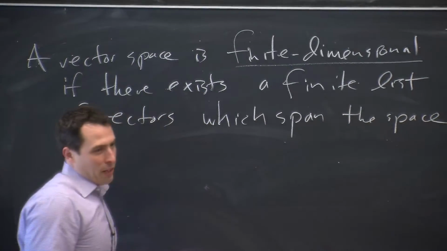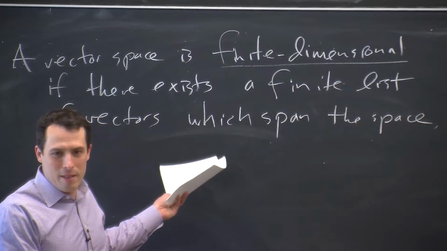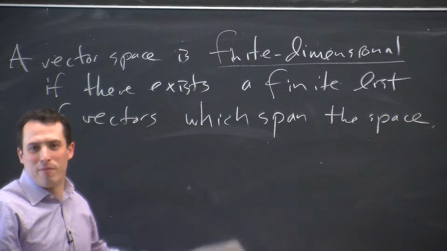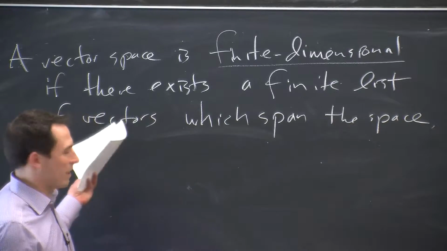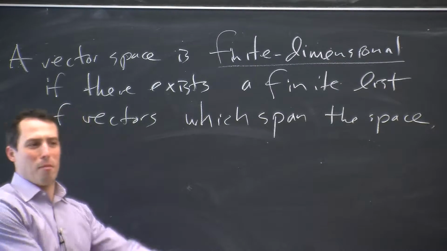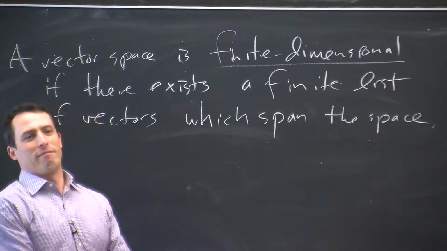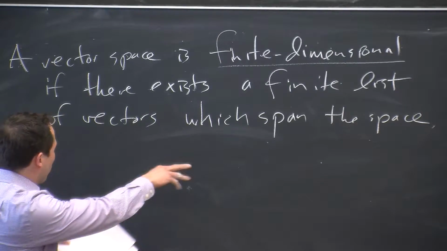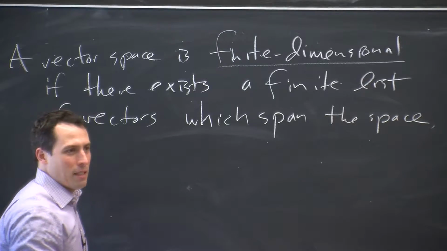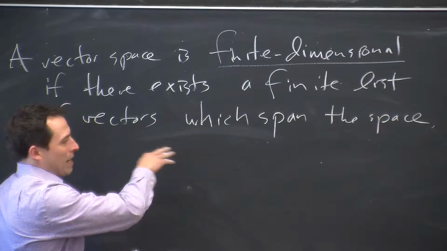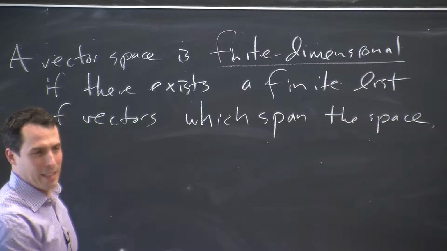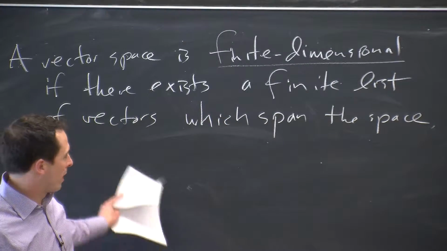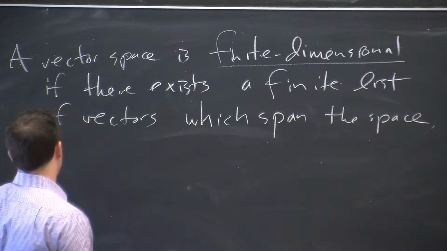That wouldn't have been helpful if I was just talking about subspaces because I could just take the subspace which is the vector space itself. Every vector space is a sum of a finite number of subspaces, namely that vector space plus 0. So until I had this idea of one-dimensional vector spaces, the spans of individual vectors, it doesn't make sense to talk about finite and infinite dimensional. So now we can say that a vector space is finite dimensional if I can pick finitely many vectors that span it.